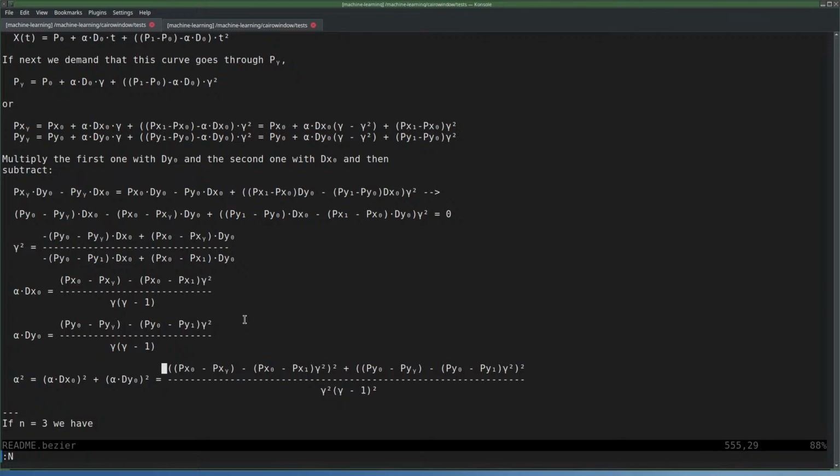The square of the length of these vectors. If I write this out, do you get something sensible?